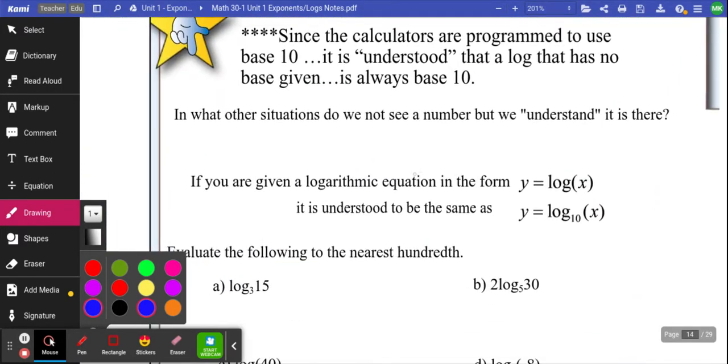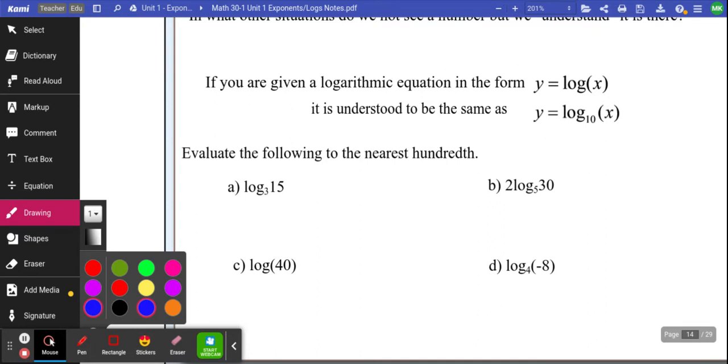Okay. This is talking about log base 10. It talks about actually using your calculator and evaluating logs. So if you want, pull out your calculator. We'll do a couple of these really quick. We're going to evaluate. That means calculate. We're going to try using change of base. So even if you have the log base function, just try change of base.